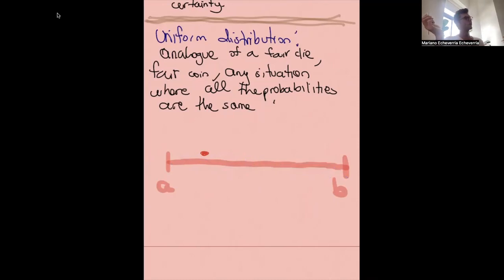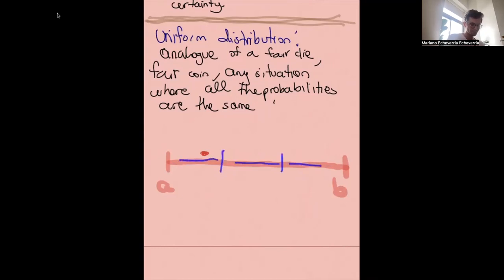Okay. Or imagine that you break the interval into pieces. Well, let's say 3, because it's easier for me to draw it right now.